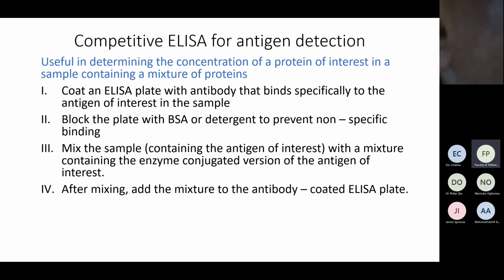Remember, I told you that the technique is useful for detection of a particular protein in a sample that contains many proteins. So you have to coat your ELISA plate with an antibody that will bind to that specific protein you're looking for.